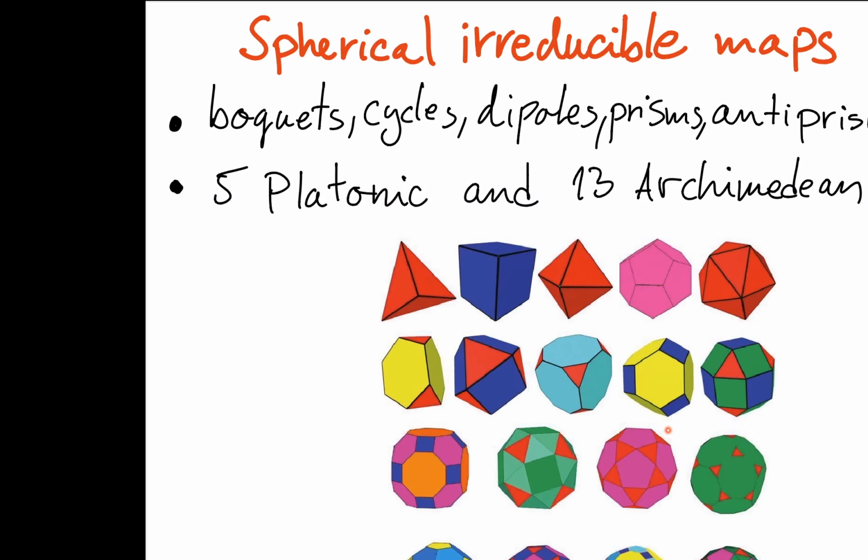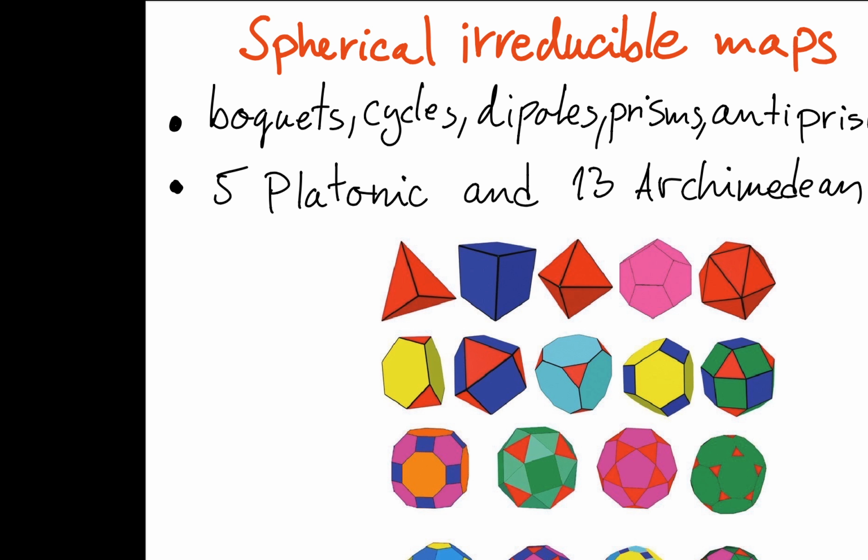Then we have another type of uniform maps, which in the first row are Platonic solids, and then in the third row are Archimedean solids. These are not infinite families. These are special cases, all of course very well known. You can see that around every vertex you have the same vector of face sizes.